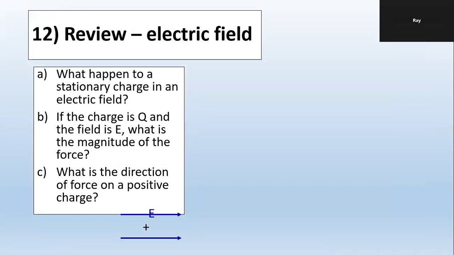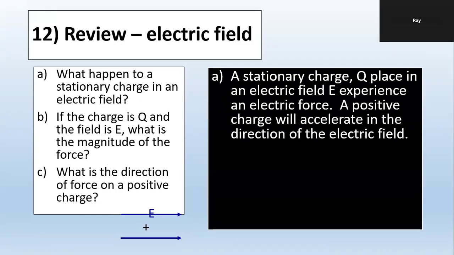What happens to a stationary charge in an electric field? A stationary charge Q placed in the electric field experiences electric force. A positive charge will accelerate in the direction of the electric field. All this must be on your fingertips.